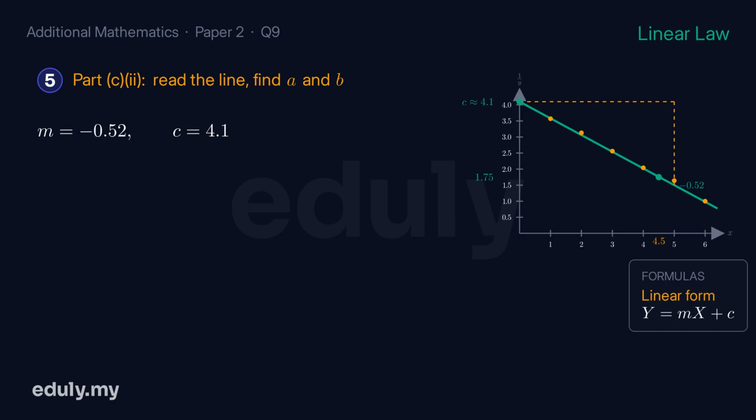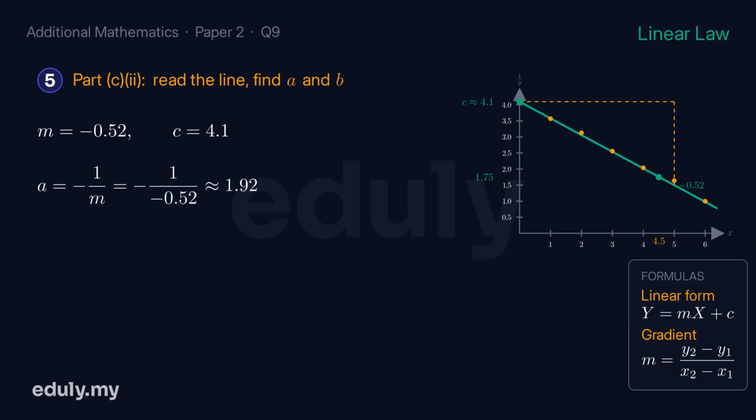So the gradient is minus 0.52, and the intercept is 4.1. Gradient is just the rise divided by the run between 2 clear points. From the gradient we get a, about 1.92. From the intercept we get b, about 7.88.